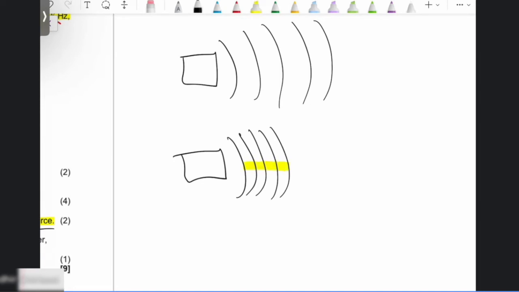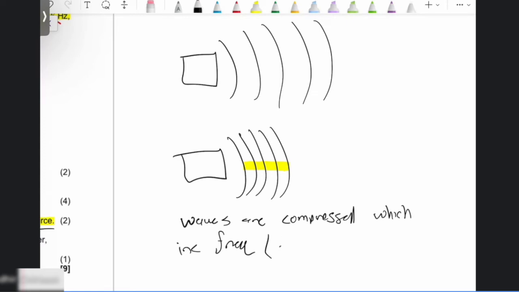So what you need to know is as you're approaching, the waves are compressed, which increases frequency. Or you can say it decreases wavelength.